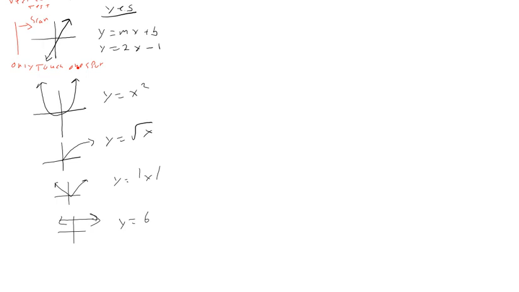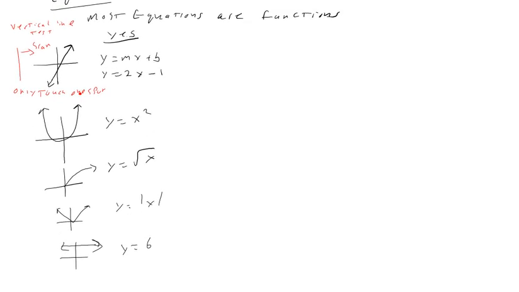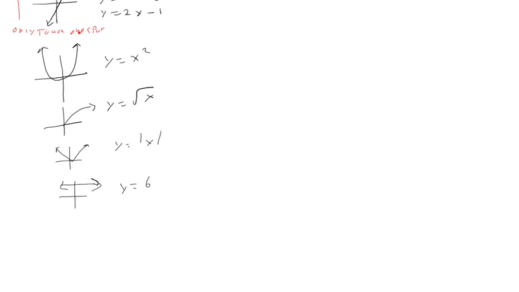In fact, we also have exponential equations, like y equals 2 to the power of x. That's a function. It looks like this. Most normal equations that you see are going to be functions.